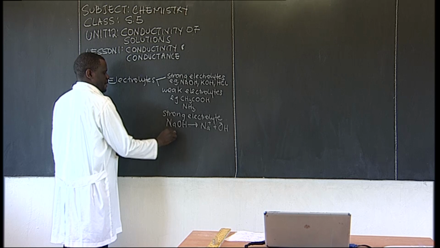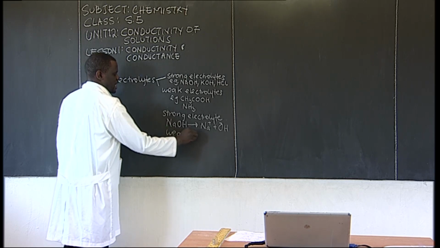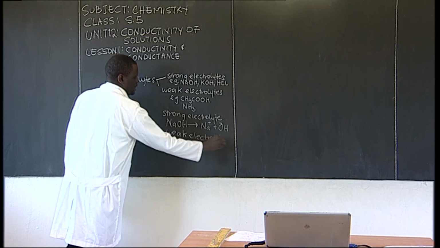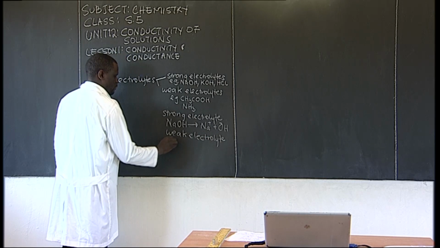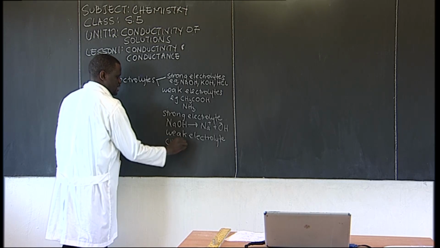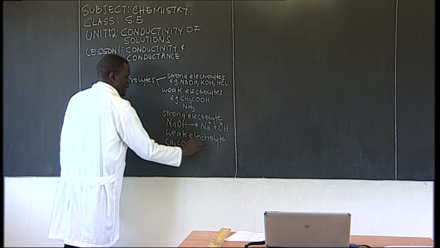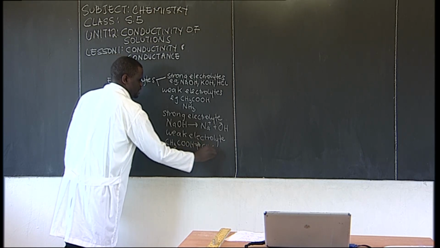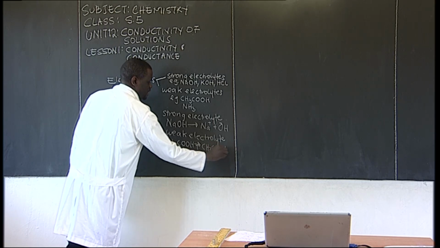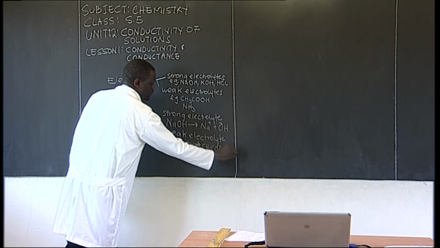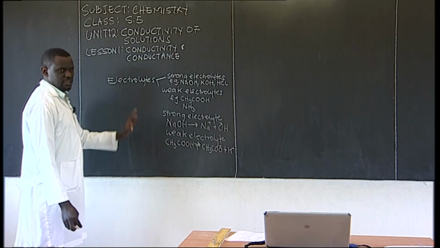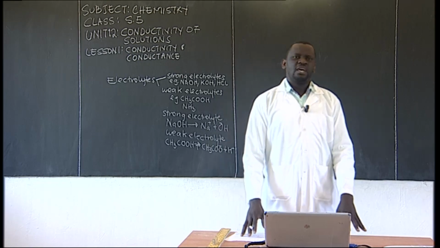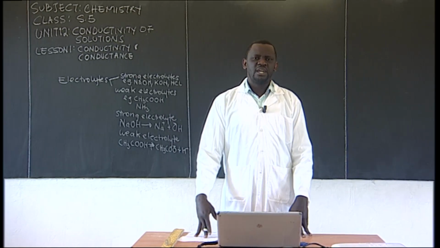Then a weak electrolyte, like for example ethanoic acid, will partially dissociate in a solution, which is normally water. So that's a simple difference. If something is a non-electrolyte, it does not conduct electricity.